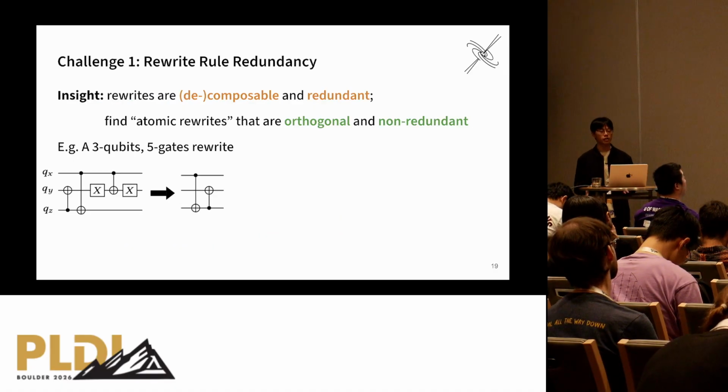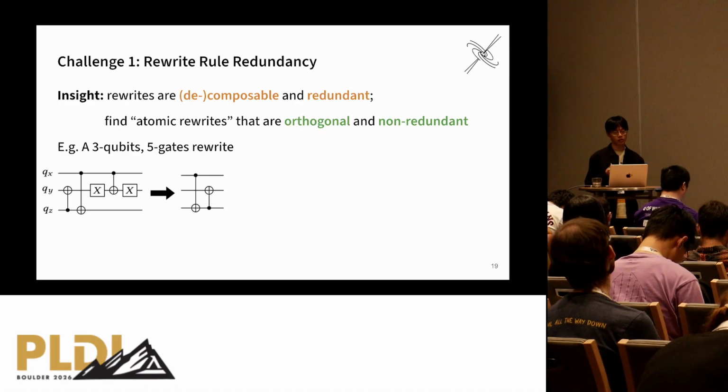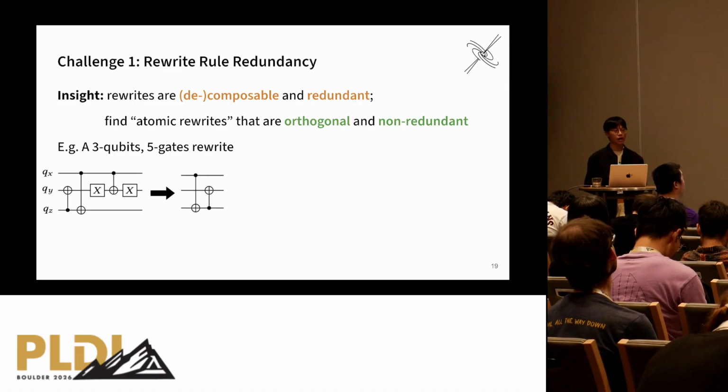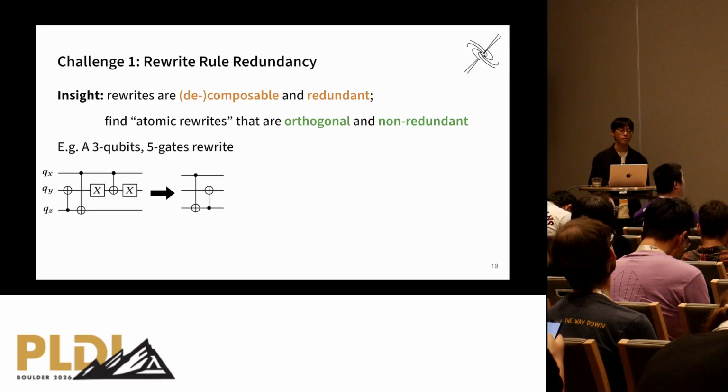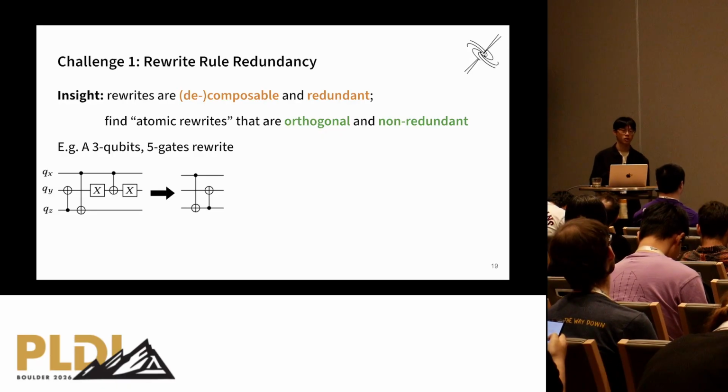Our insight here is that although these rewrites are exploited by those sequential optimizers and are powerful and useful, it is not necessary to include all of them in the equality saturation scenario. They are composable and redundant in the e-graph case. Even better, we can find atomic rewrites that are small enough, orthogonal and non-redundant, and at the same time preserve the optimization capability as strong as the original large rewrite set.